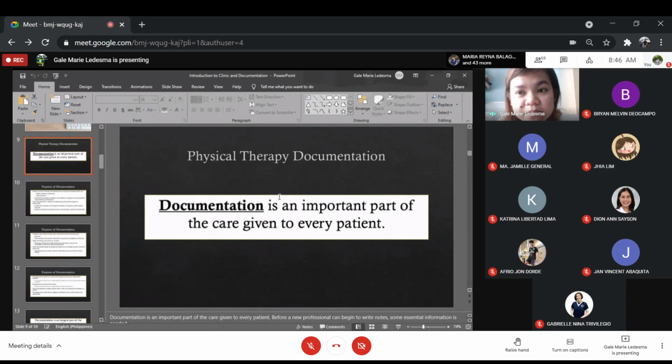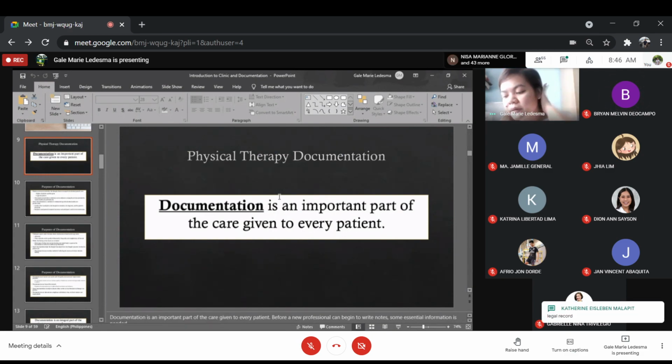Can you hear me from the class? What do you understand about documentation? And why is it an important aspect of patient care?